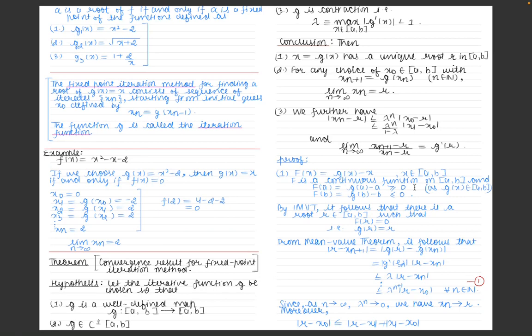So this x_n converges to a root of the given function f. But this was a very easy example. In totality, the picture is really different. So for this reason, we will now see the convergence theorem.